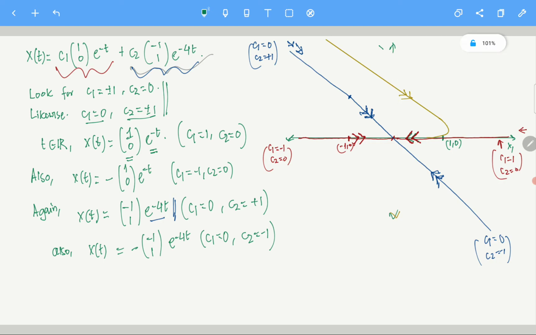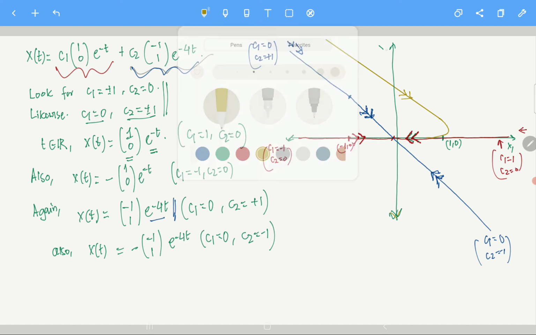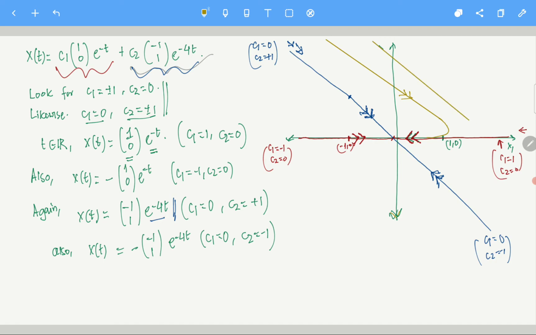So let me draw. This is our original one. Now the combination lines I'm using. Let me draw the other one. Okay, and like this. So the solutions will look like this.